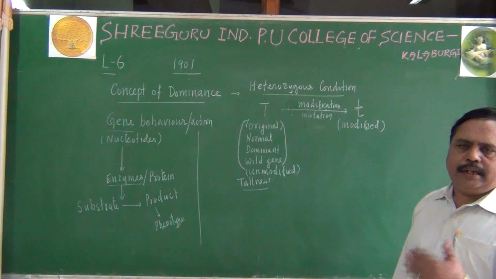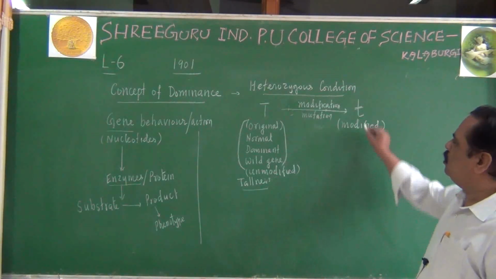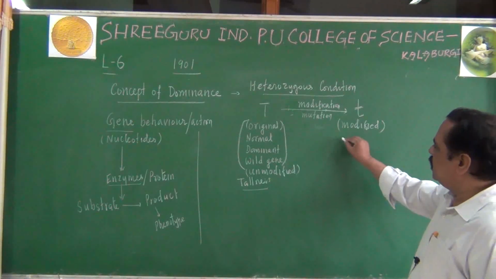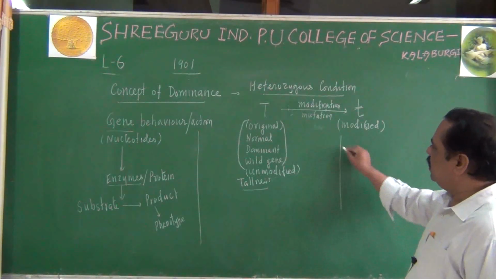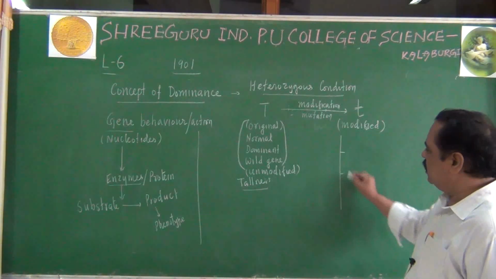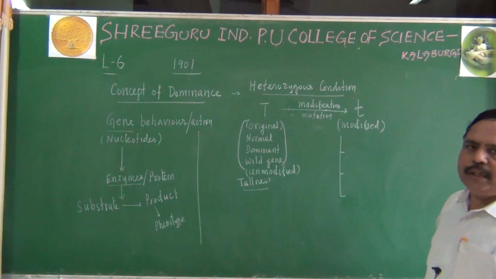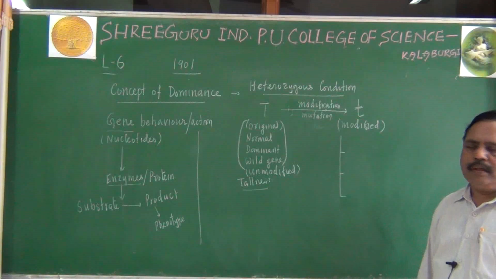Remember. Right. Let us see now how this small t could behave. Remember, students, this modified allele can behave in three ways. In three methods it can behave in the population.